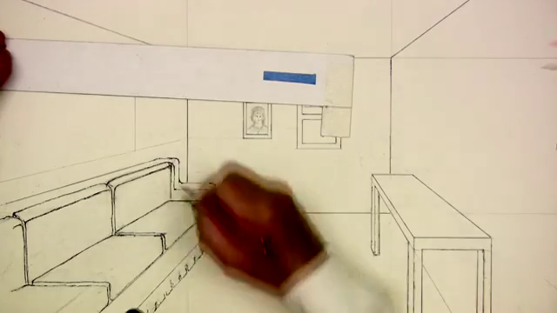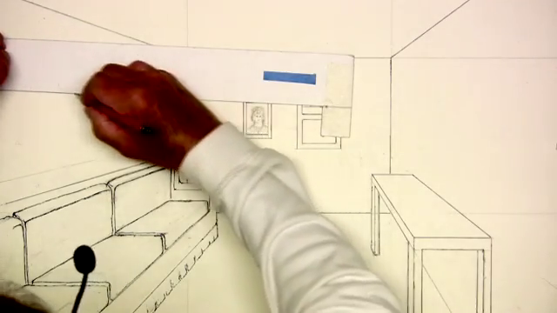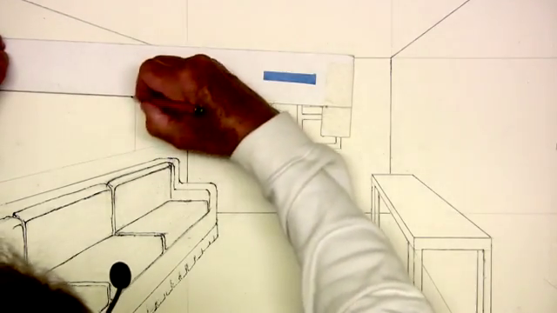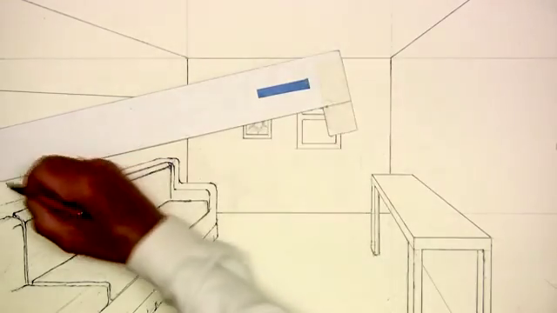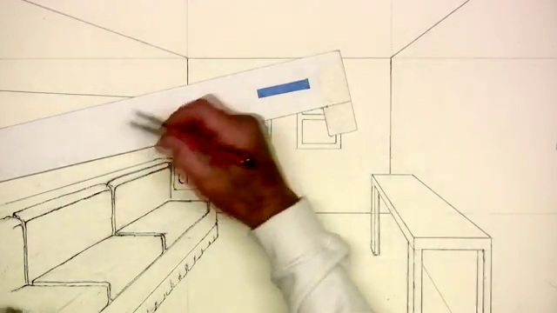You can see where this line representing the top of the painting and this line representing the bottom of the painting.